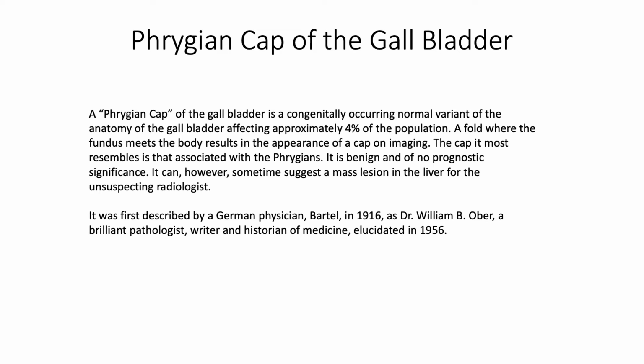It was first described by a German physician, Bartel, in 1916, as I learned when I researched the material for this talk. And it was written up in the New England Journal in 1956 by Dr. William Ober, a brilliant pathologist, writer, and historian of medicine, and actually a very good friend of mine in the 1980s until he died.